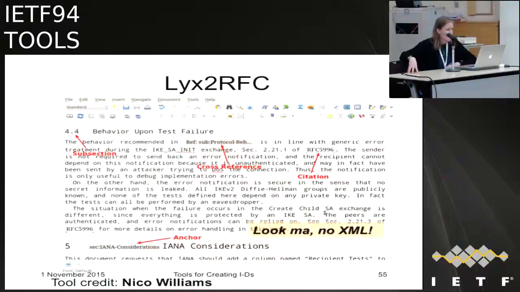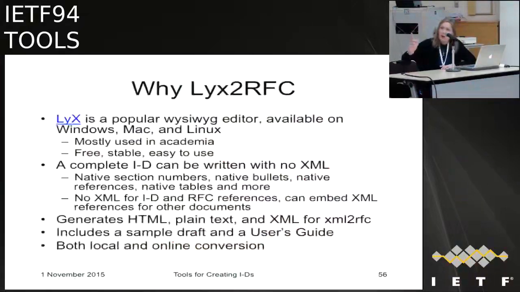And you use Lix, which is available on Linux, and as mentioned, mostly used in academia, free, stable, easy to use. A complete internet draft can be written with no XML. It does all of the functionality we've talked about. And it does let you rely on the citation library, and you can get HTML, plain text, or XML to feed to XML to RFC.